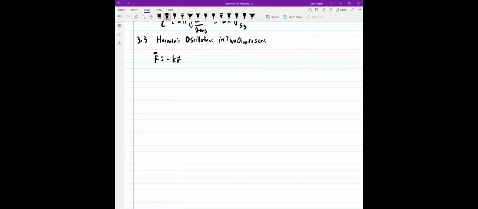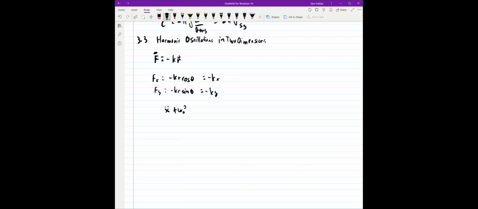And then we can resolve it in polar coordinates as F_x equal to negative kr cosine theta, which is just negative kx, and then F_y equal to negative kr sine theta, which is just negative ky.